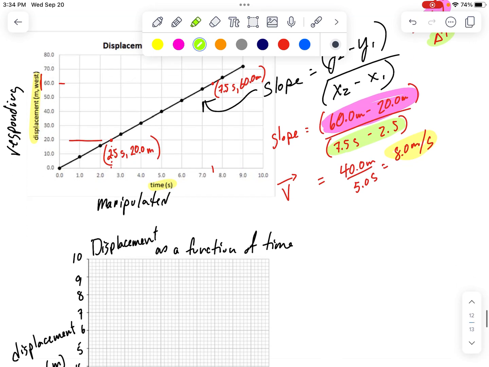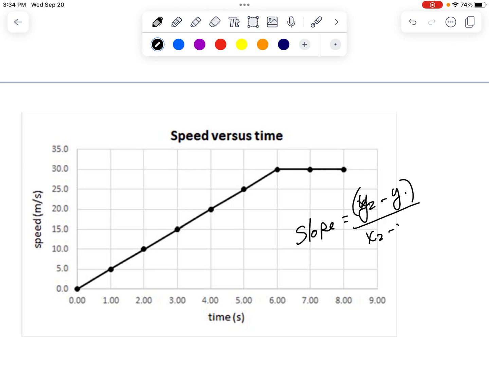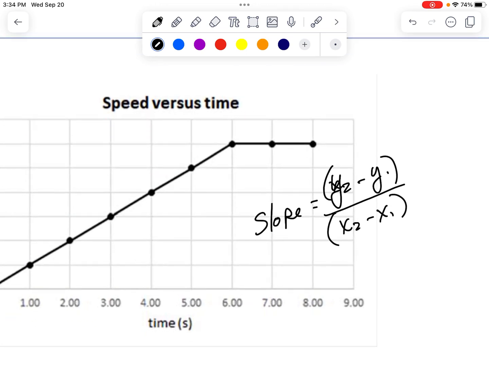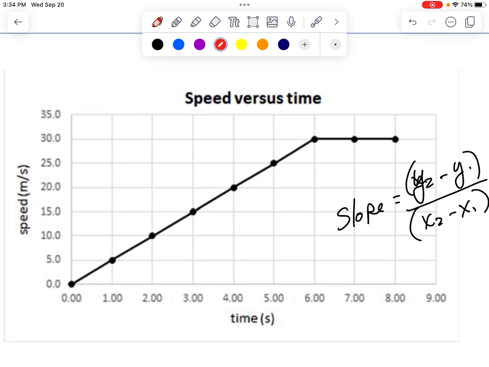Now later on, we're going to get a speed versus time graph. If we were to do a slope for this graph, it's still going to be y2 minus y1 divided by x2 minus x1. If I picked this spot, let's say here, this is going to be 1.5 seconds and 7.5 meters per second.